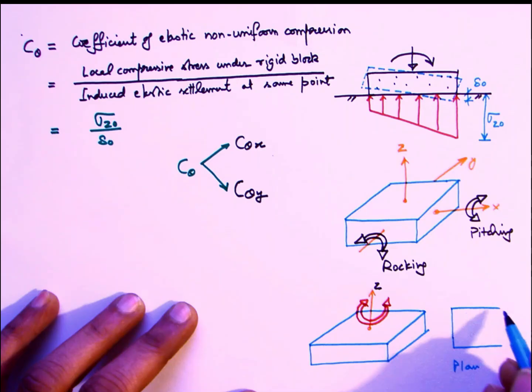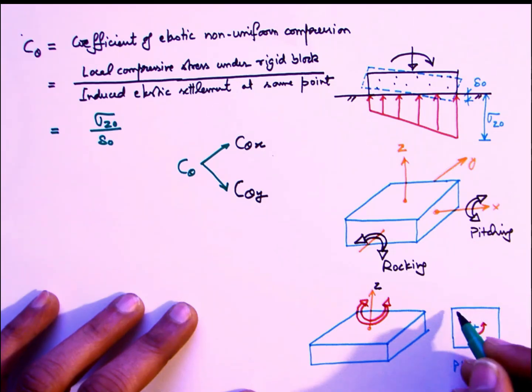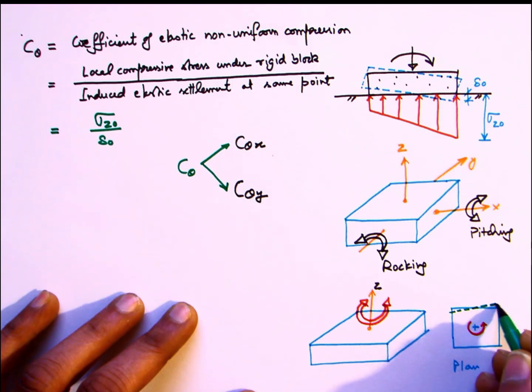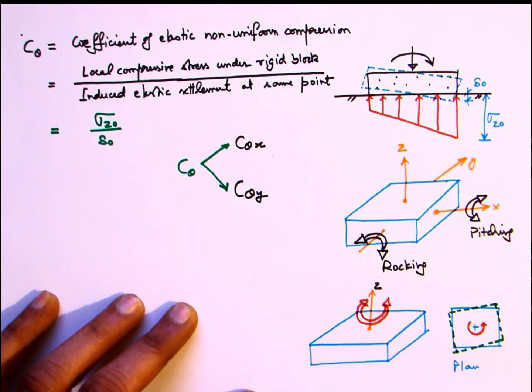We can understand it by means of the view in the plan as shown here. So typically under torsion type of dynamic force, the foundation block will undergo rotational vibrations about the vertical axis.